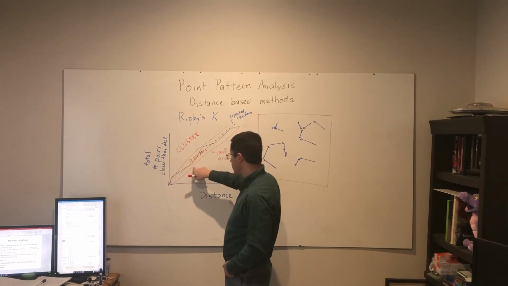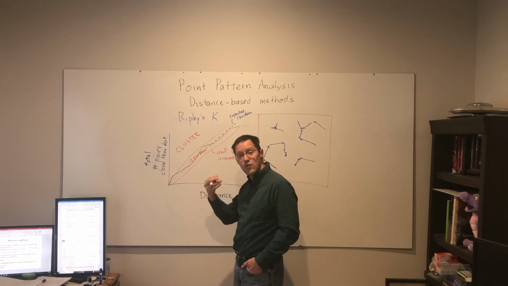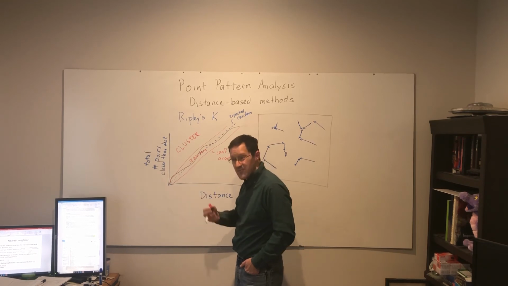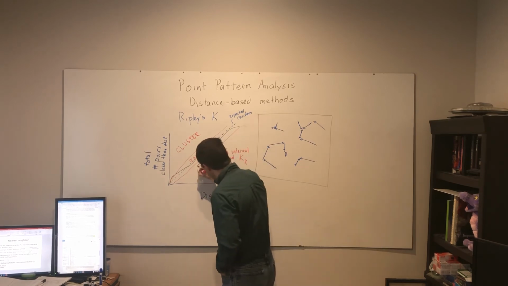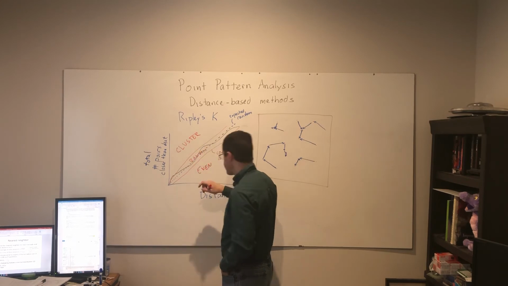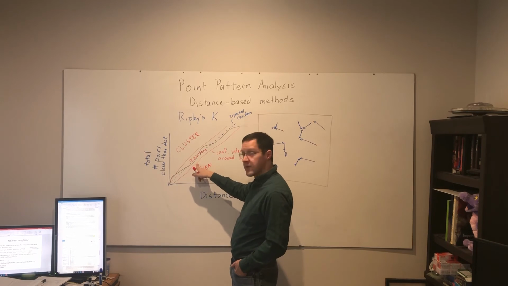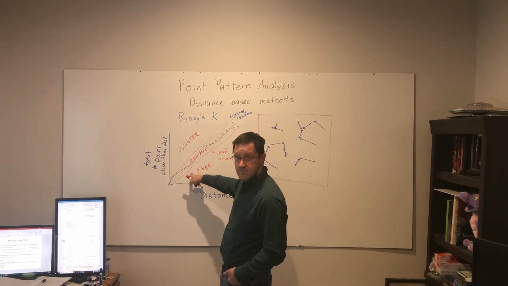If it goes on the other side, then there's not enough points at that distance or shorter. If I get to a point where there's not enough points at that distance or shorter, they're too far apart again. So if the actual line extends beyond this confidence envelope, dipping below it, then it is even.